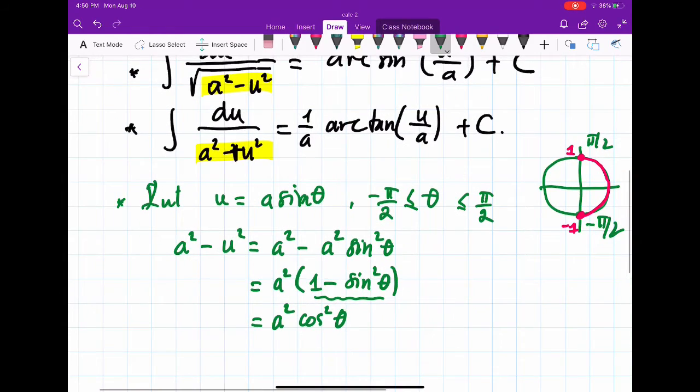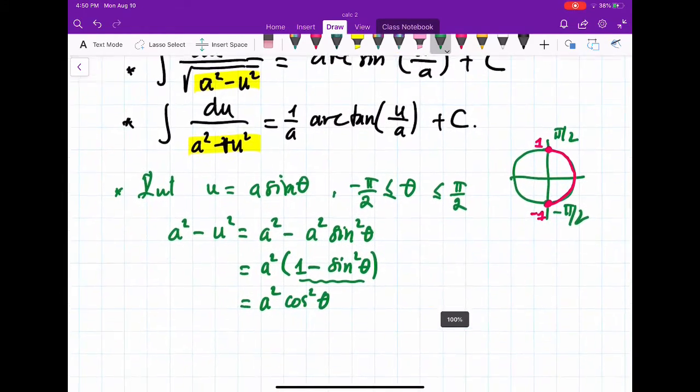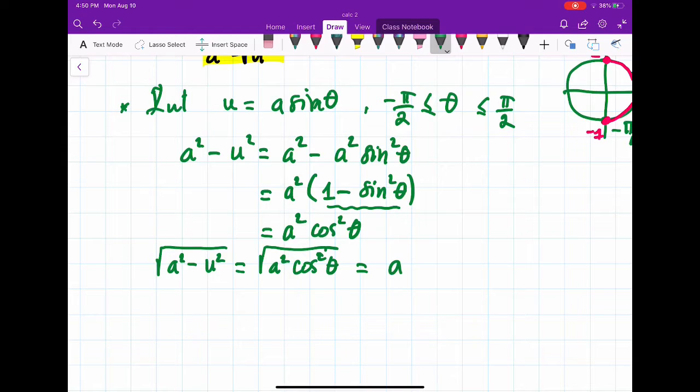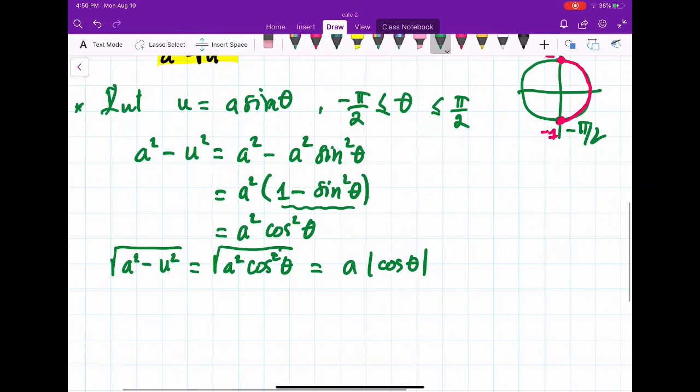Then you apply the square root to this function. I have square root of a squared minus u squared is square root of a squared cosine squared of theta. And suppose that a is bigger than 0, so we have a and absolute value of cosine of theta. I write absolute value because square root of x squared is absolute value of x. Don't forget that.